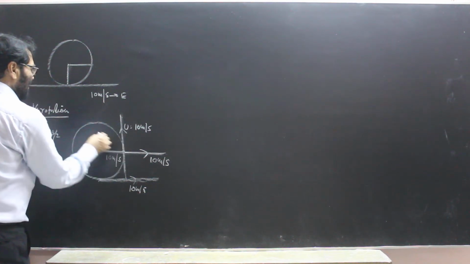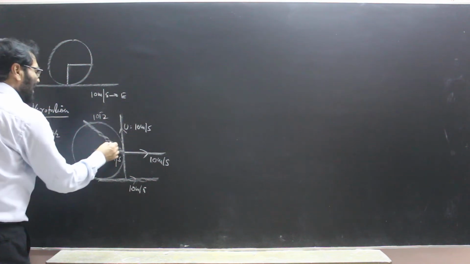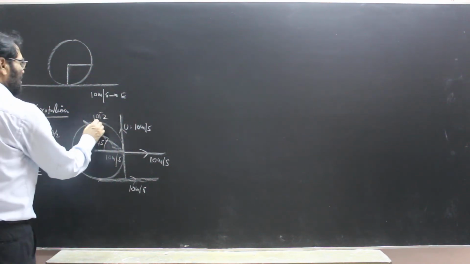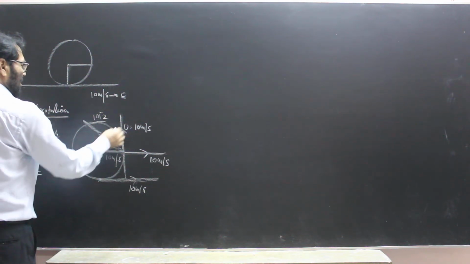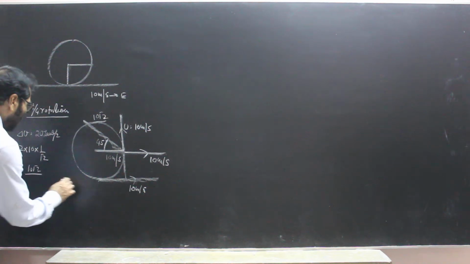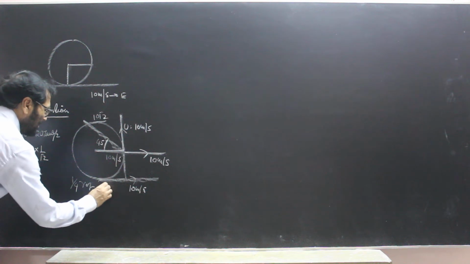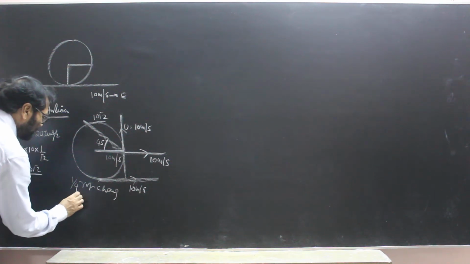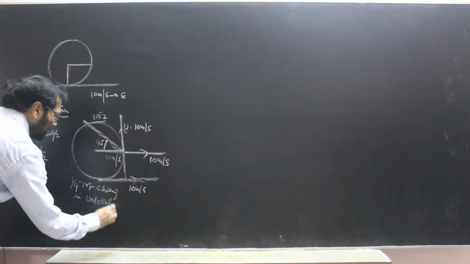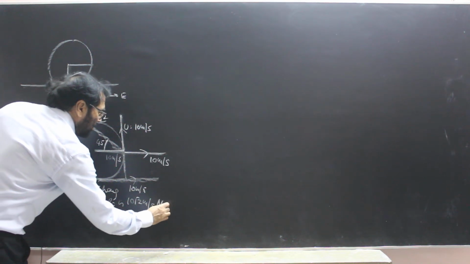The resultant of 10 and 10 is 10 root 2, and again it is equally inclined, so it is 45 degrees. So the change in velocity in 1/4 rotation is 10 root 2 meter per second northwest.